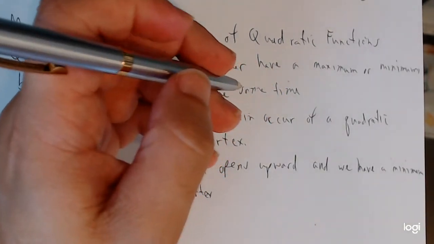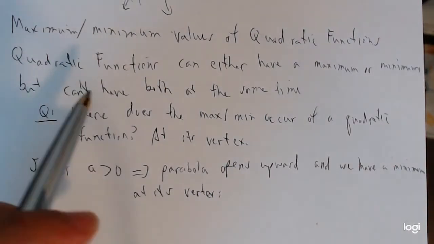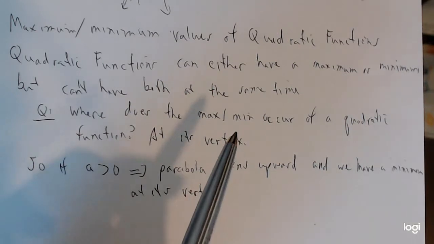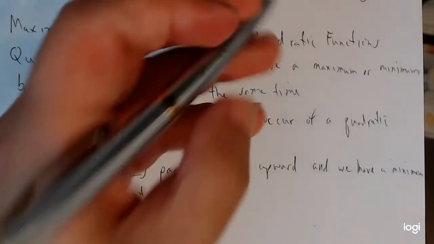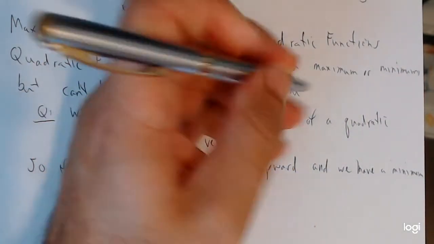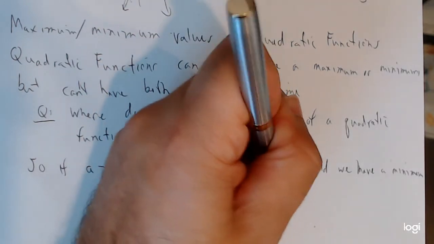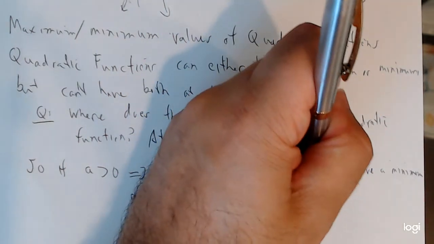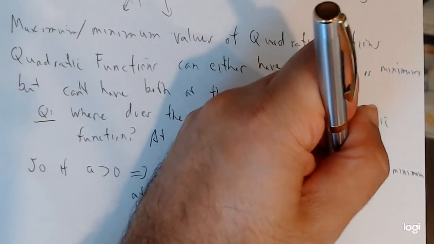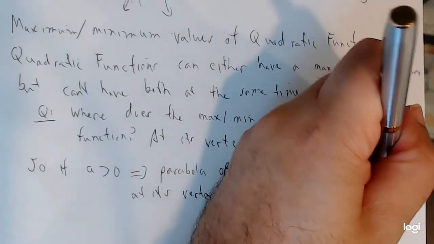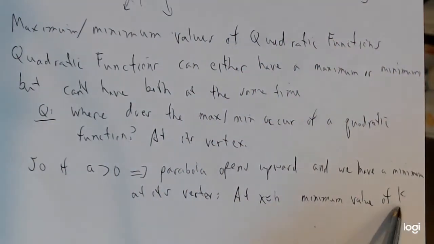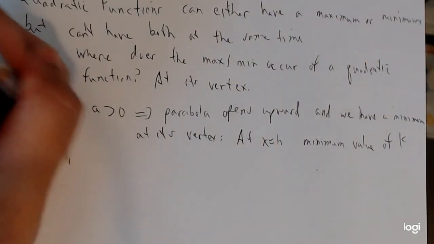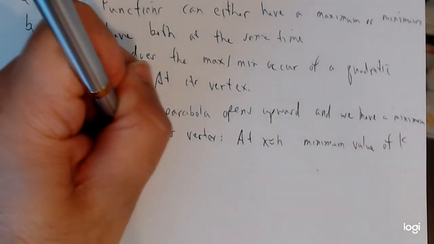The way we would say it, we identify the location by the x value, but the minimum value is the y value. So for example, if it's in standard form, at x equals h is where you'd locate the minimum, and it'll have a minimum value of k, because k was the y value of our vertex. Then we can also say, if a is less than 0, what does this imply?